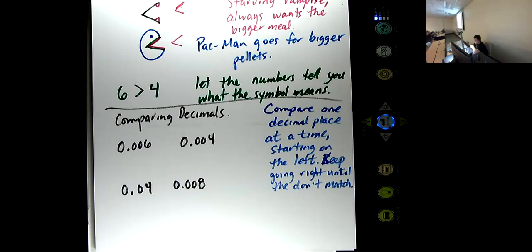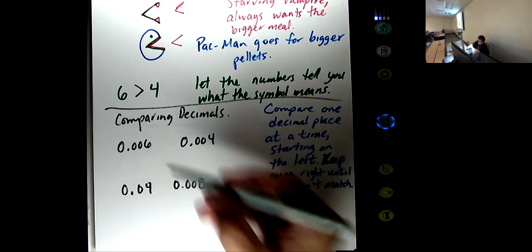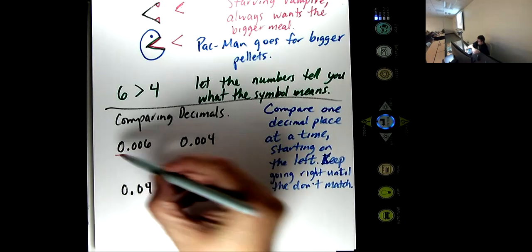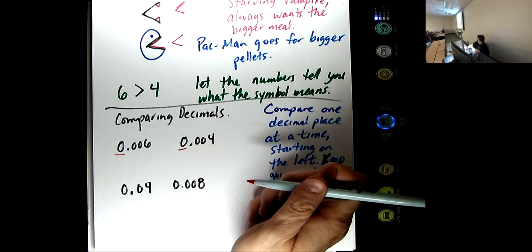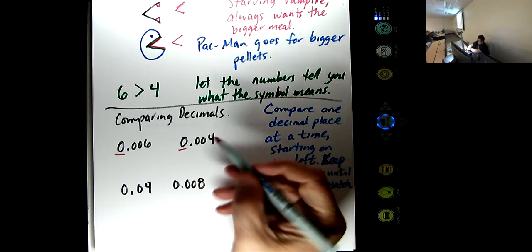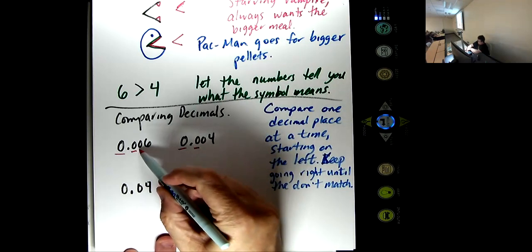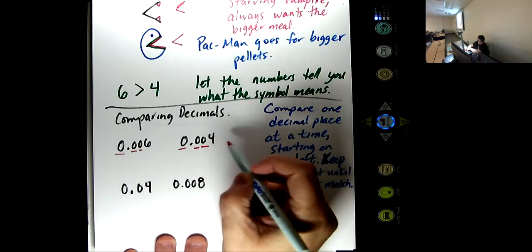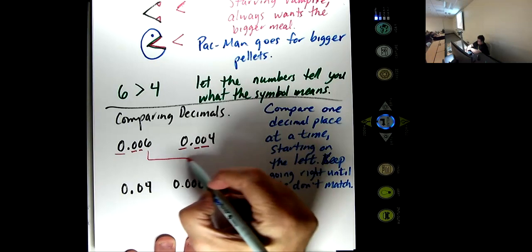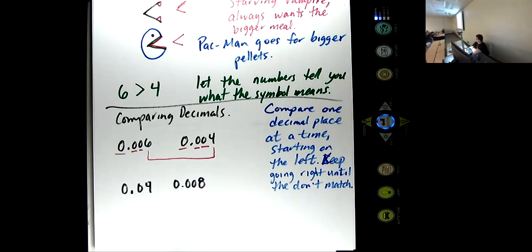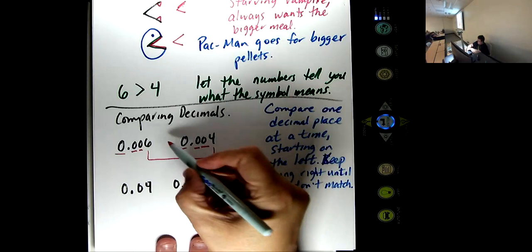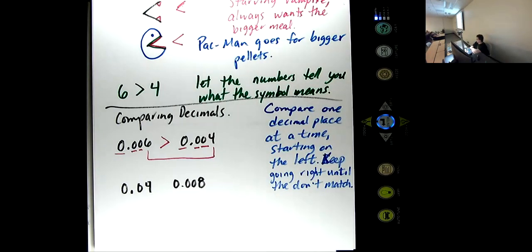The first one matches, the number before the decimal matches. These two match. These two match. These two do not match. So we're going to look between the 6 and the 4. The 6 is larger than the 4, so the 0.06 is larger than the 0.04.